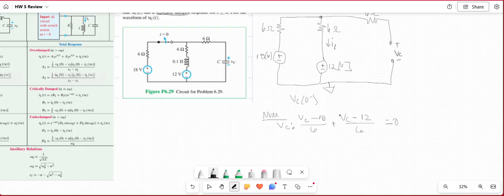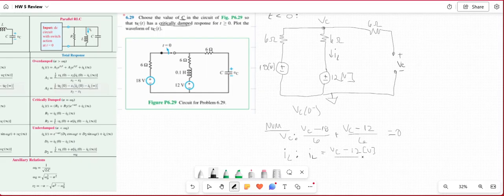I'm not going to put units because y'all know how to do that. From this we'll get VC, and we can also find IL, because IL is just VC minus 12 volts over 6.